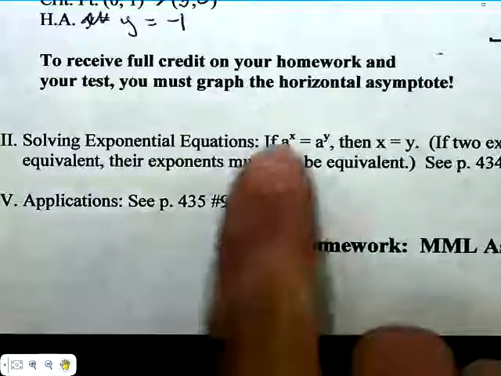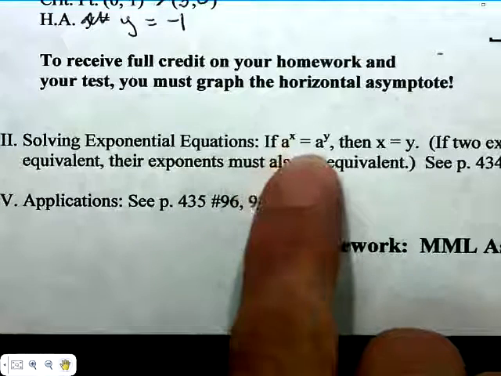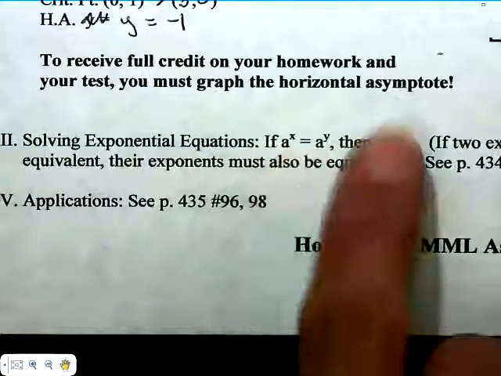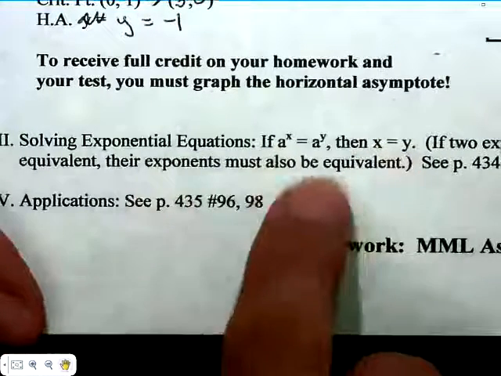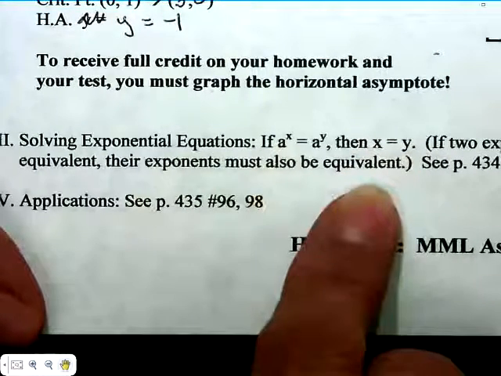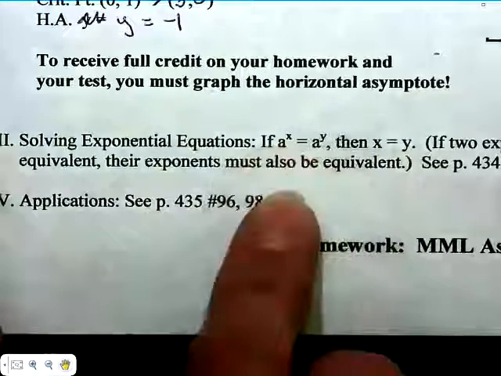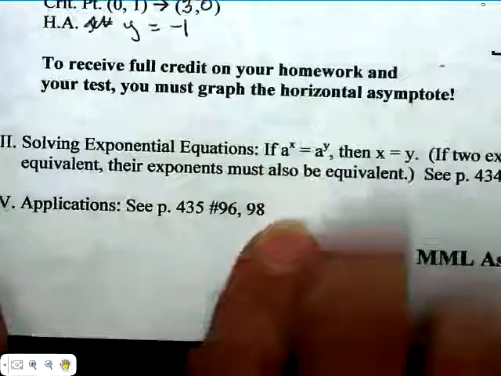If we can write both sides as having the same base, then we know that their exponents have to be equal. You can just take the bases off and set the exponents equal to each other. For example, let's see, this is page 433, I think.